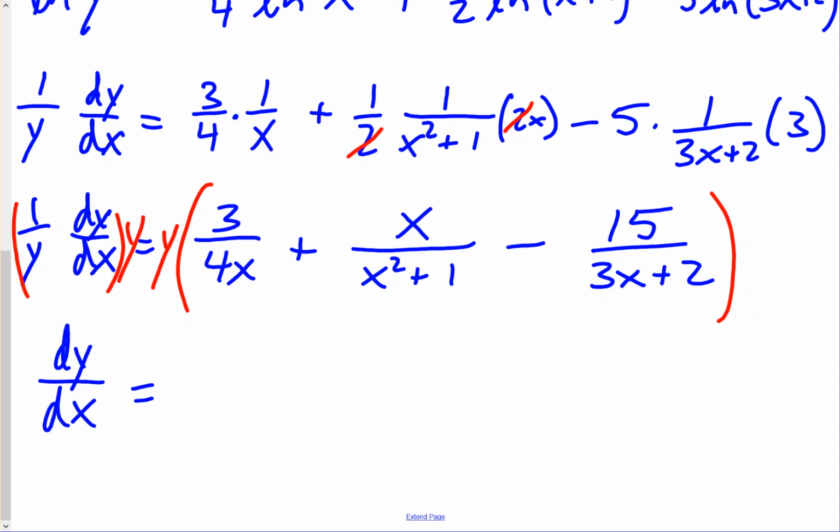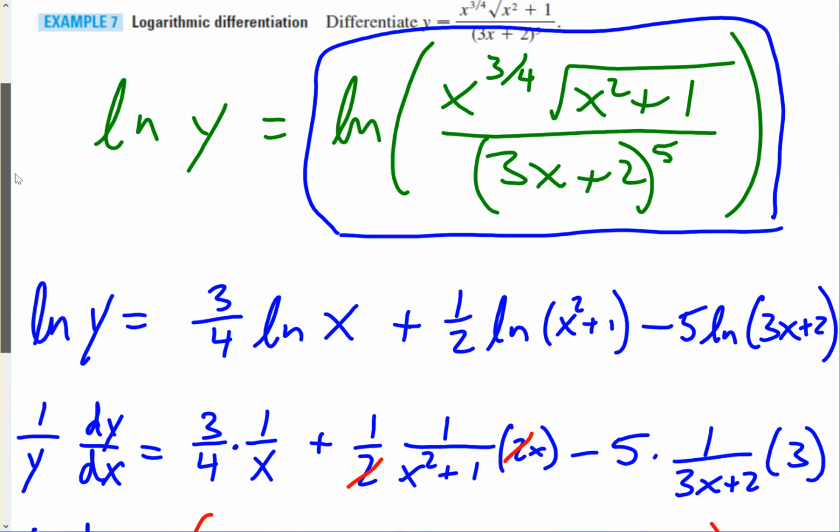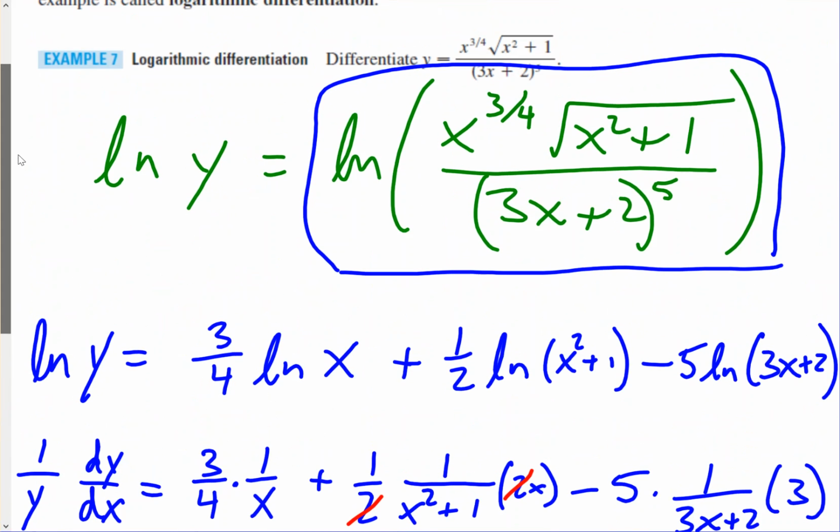We're going to replace y with what it was equal to. Okay, so let's look back in the beginning. Y was equal to our original problem. Okay, so y is equal to this. So we're going to replace y with our function from the problem.